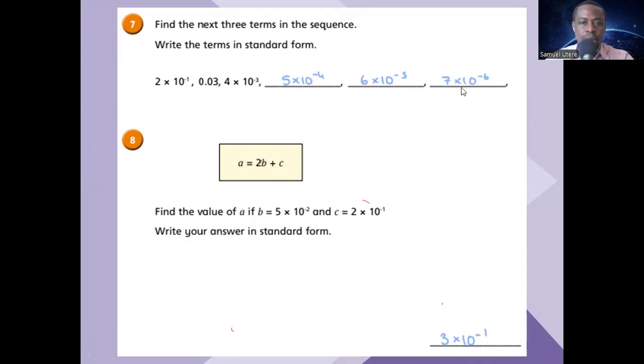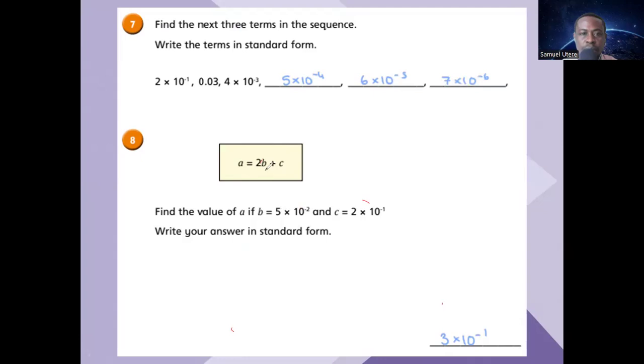Here, you were asked to find the value of A if B is 5 times 10 to the power 2 and C is 2 times 10 to the power -1. Well, we are bringing our skill that we learned earlier on. That's the skill of substitution. So if you do not know how to do substitution, please go and watch that video.